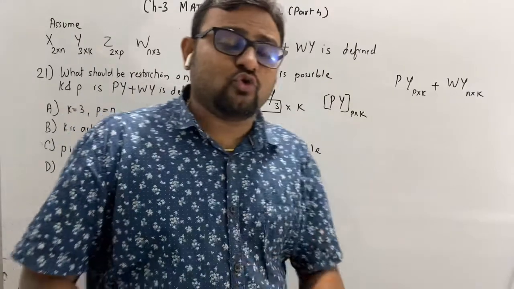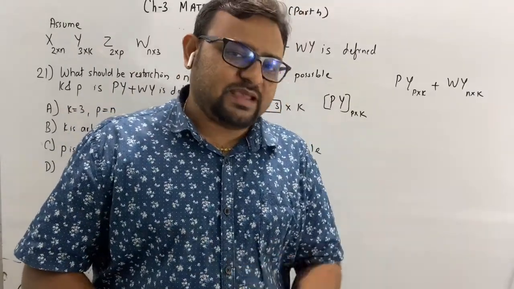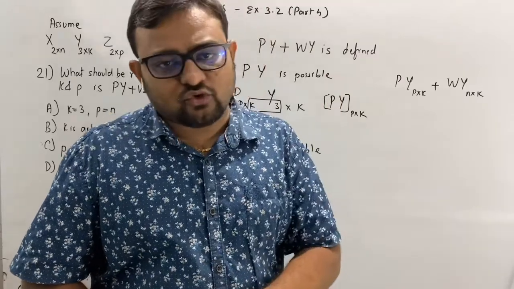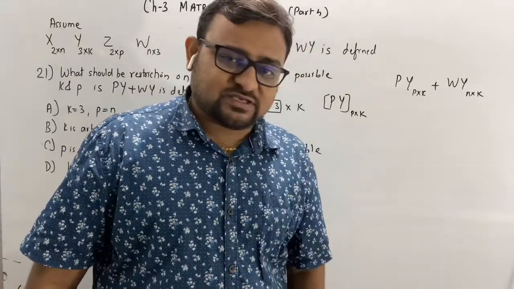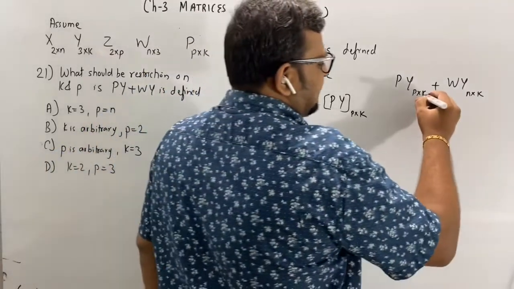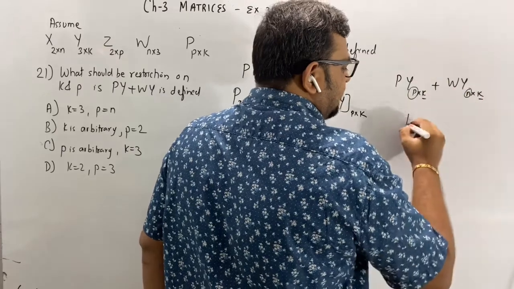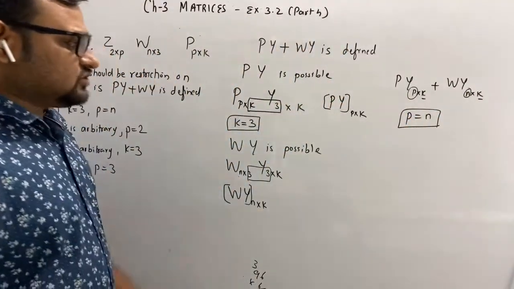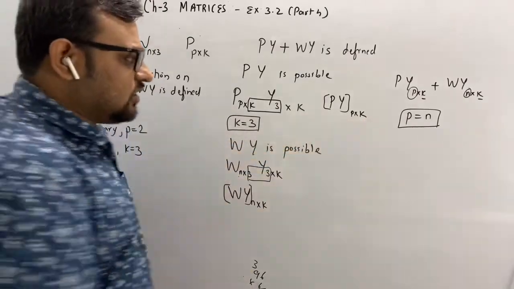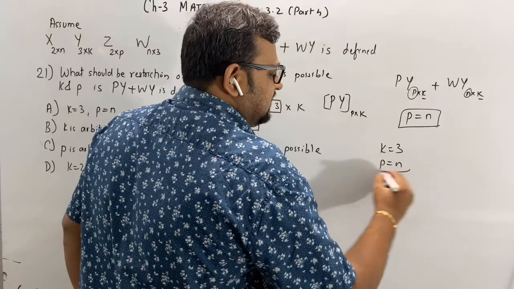Now, two matrices can be added if the number of rows as well as the number of columns in both the matrices must be same. Here you can see k is the same, so P must be equal to n. Okay, so these are the two conditions we got. K must be equal to 3 and P must be equal to n.